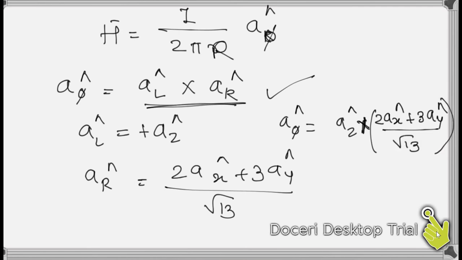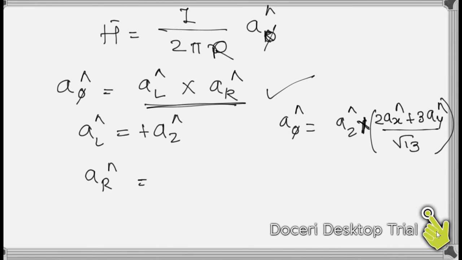Now what is the cross product of this? So a phi cap will become, now take aZ cross aX. What is aZ cross aX? Z to X gives us Y, right?